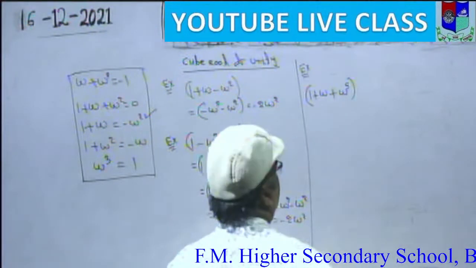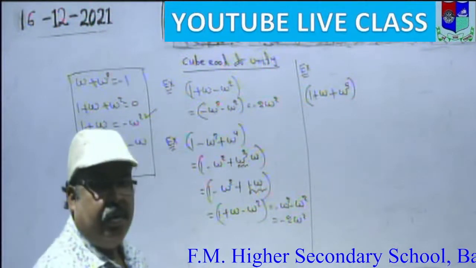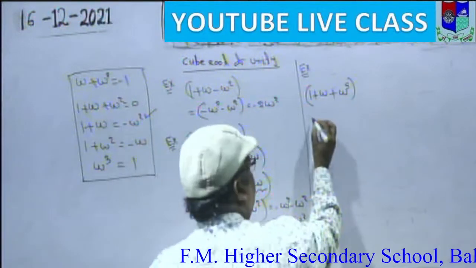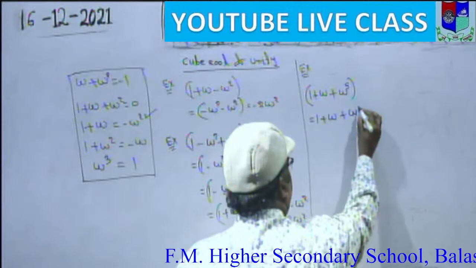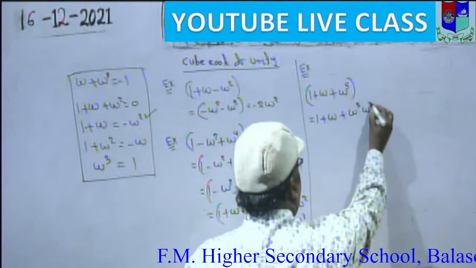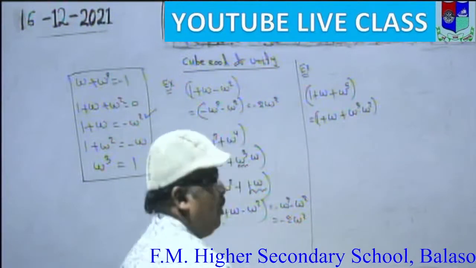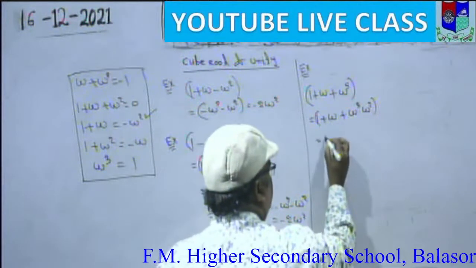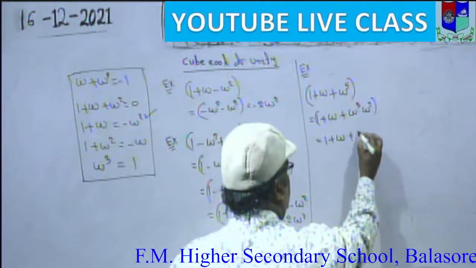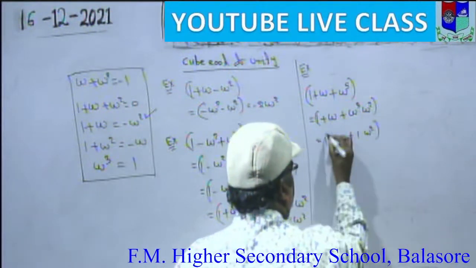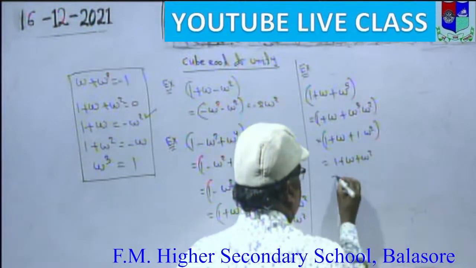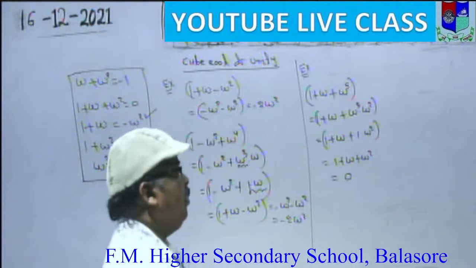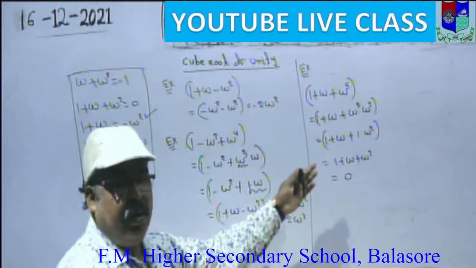What will be its result? 1 plus omega, and omega fifth can be written as omega cube into omega square. So now it is 1 plus omega, 1 with omega square. Then we find 1 plus omega plus omega square, it is 0. Very simple.